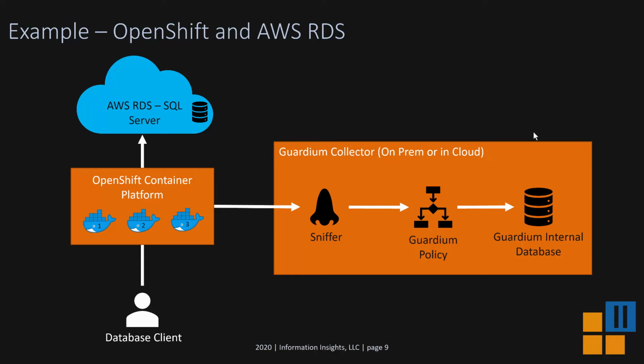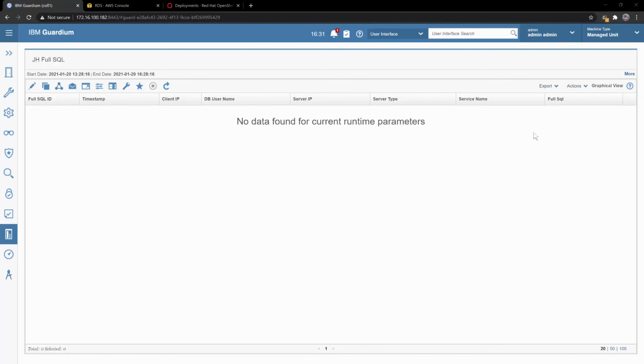OpenShift is Red Hat's flavor of Kubernetes with some other stuff added to it. And so that's what I'm going to show you today. So we'll connect through some external STAPs, and then those external STAPs will keep Guardium informed about what is going on.